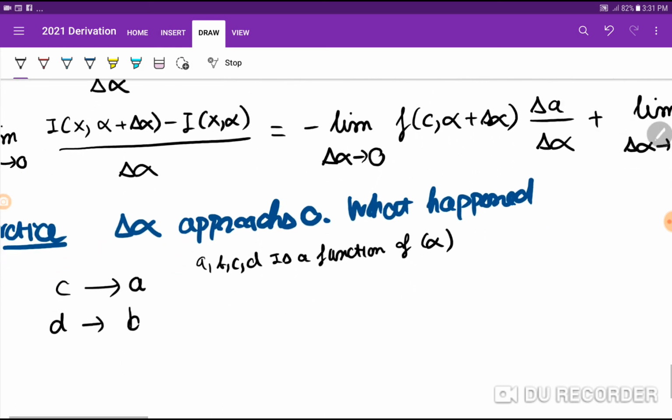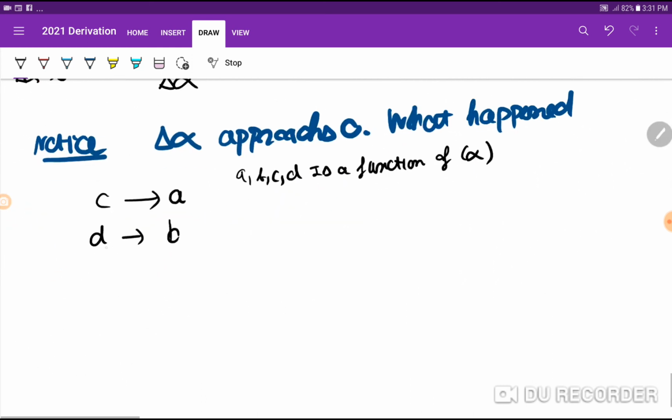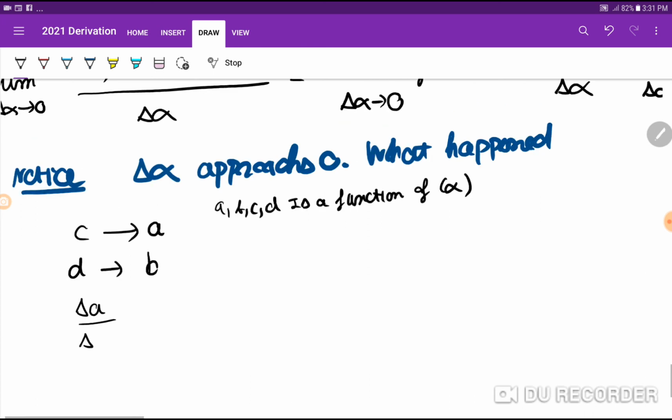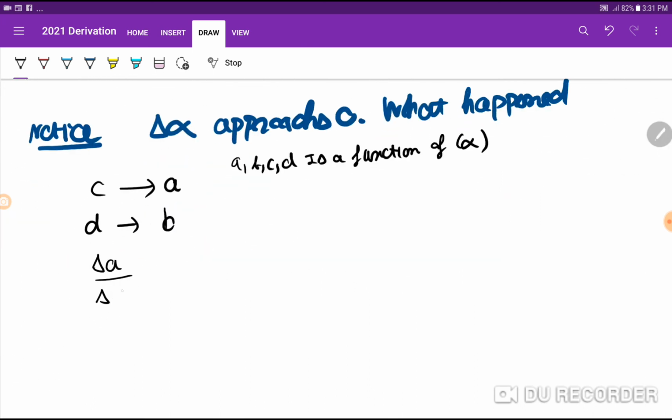So what happened? Delta A over delta alpha, what would it be? Well, this is the famous derivative, right? If delta alpha equals 0, you have the derivative right here.